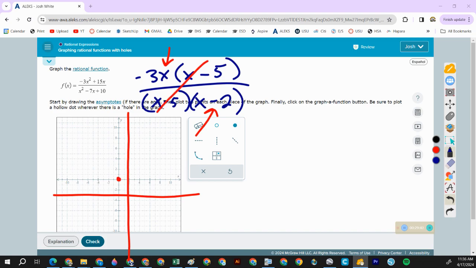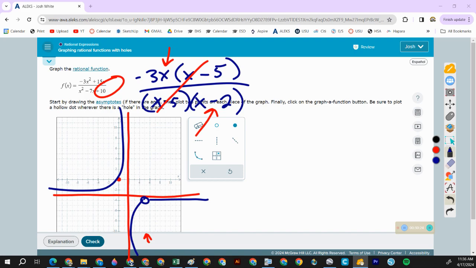And what about 5? 5 is a hole. So wherever the graph is right here, I need to make sure I draw a hole. And what about my y-intercept? It's 0 over 10, which is 0. You'll notice I have already graphed my y-intercept. If x equals 0, then the y-intercept is 0. Okay? So the graph will look like this, like that.